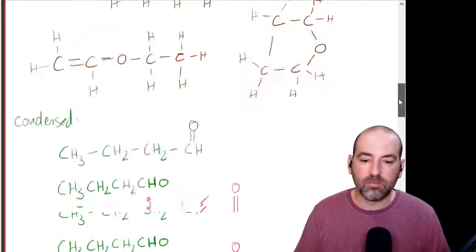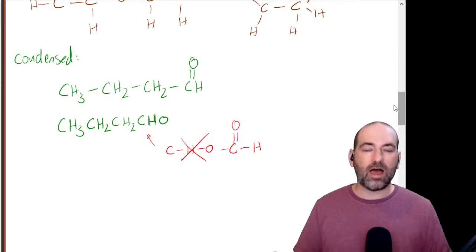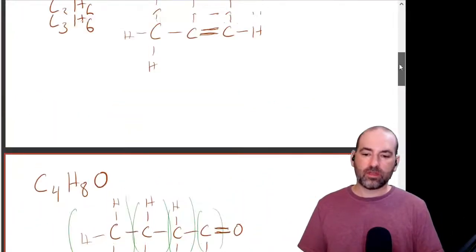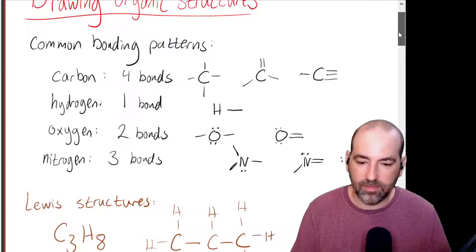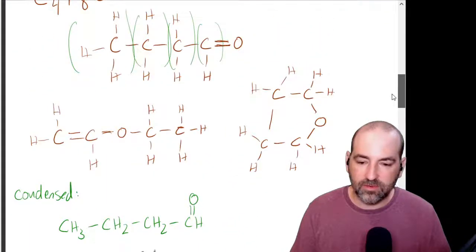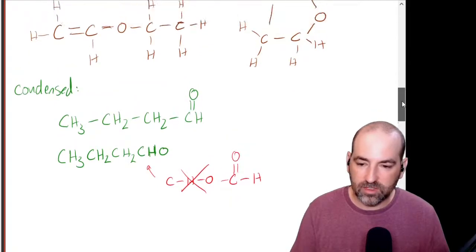So the more we condense, simplify, and shorten the structure, the more knowledge you need to decode it. Whereas a Lewis structure is something that anybody can look at and know all the information from that.